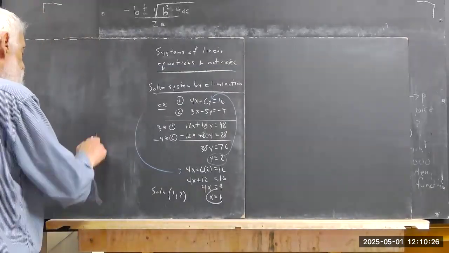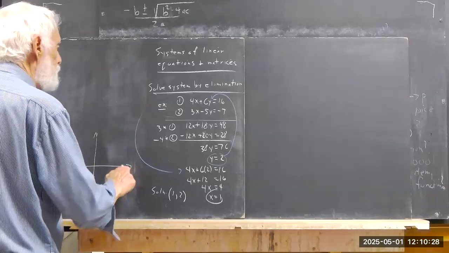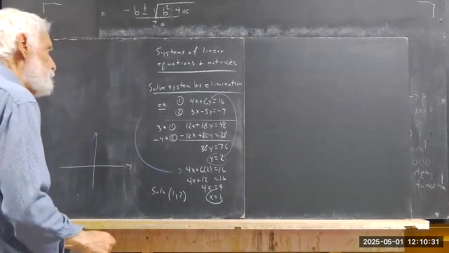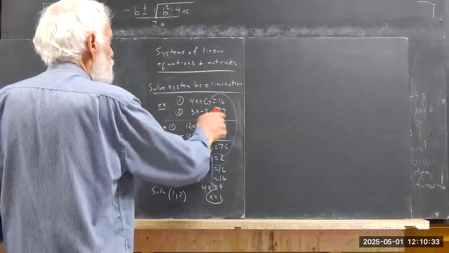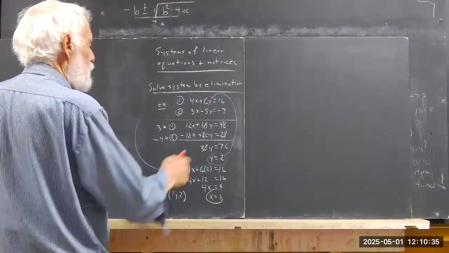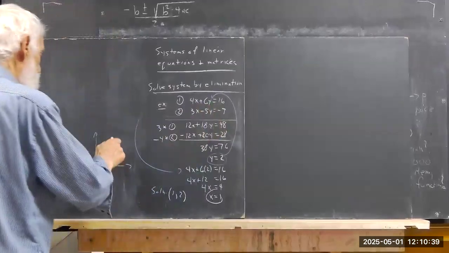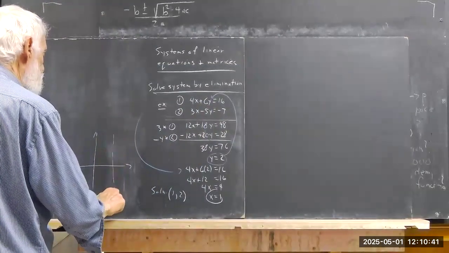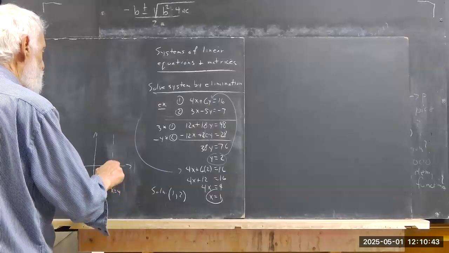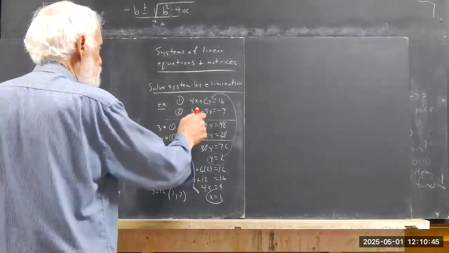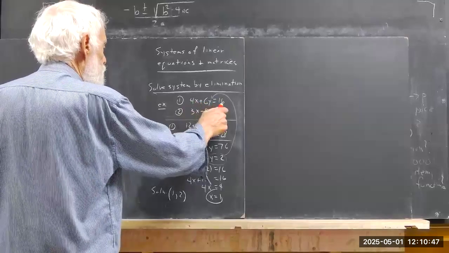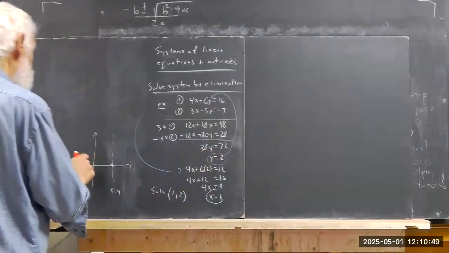You want to confirm that solution? I can graph these two equations fairly well by intercepts. If y equals 0, x is 4. And if x is 0, y is 2 2/3.